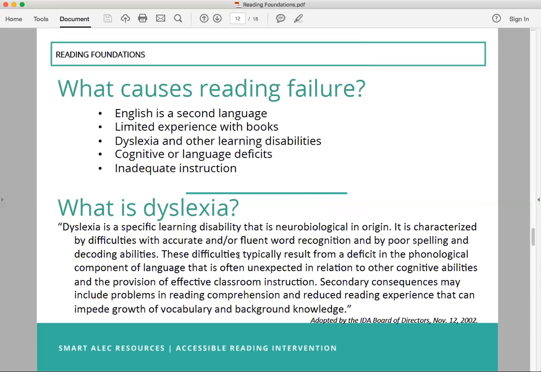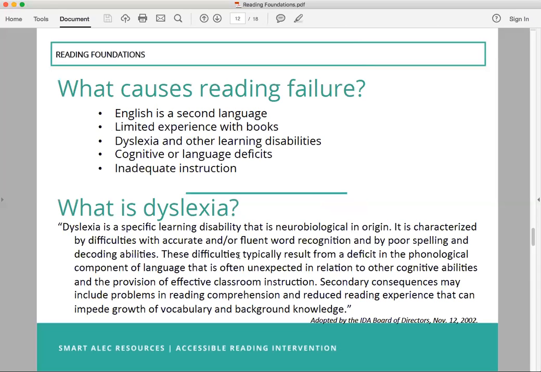Cognitive or language deficit. So a cognitive deficit is likely going to impact a child in all four processing areas. So that's going to take quite a bit more work to get them to a place of functional reading ability. Language deficits, depending on where those deficits are occurring, can be something as simple as that phonological processor, so looking at deficits in articulation or things like that, versus a deeper mixed expressive receptive language disorder.